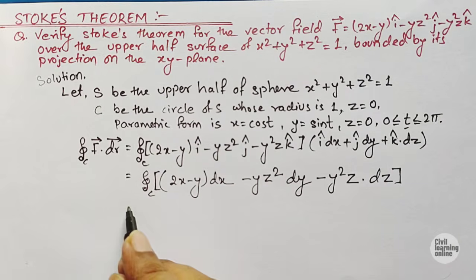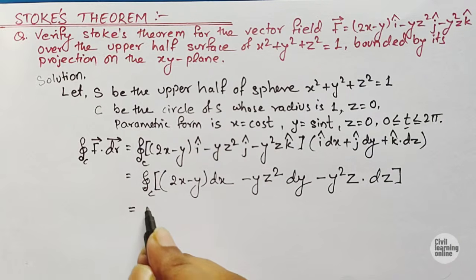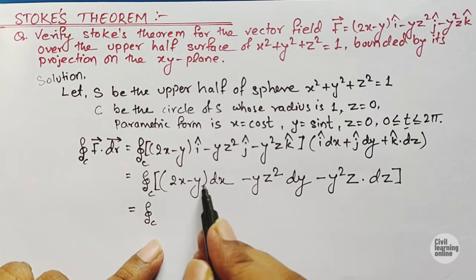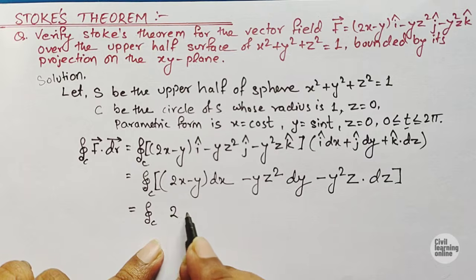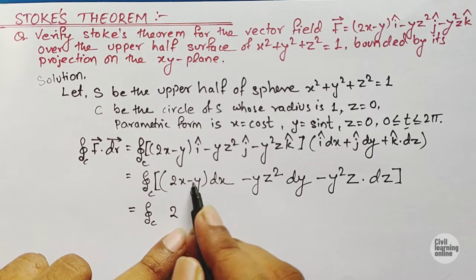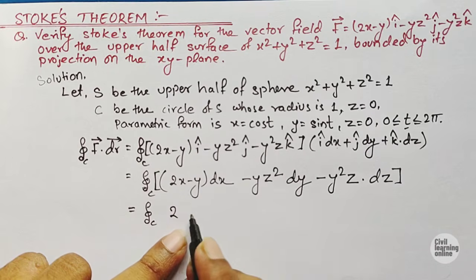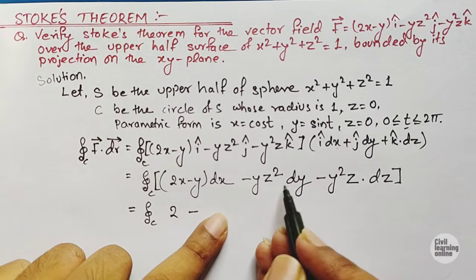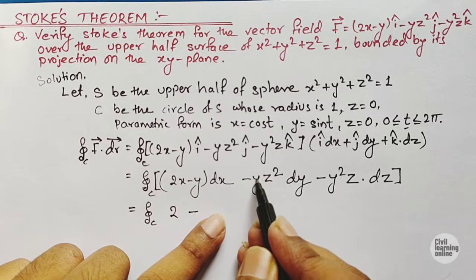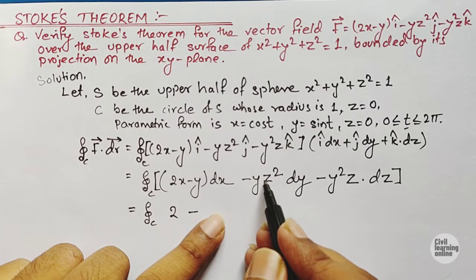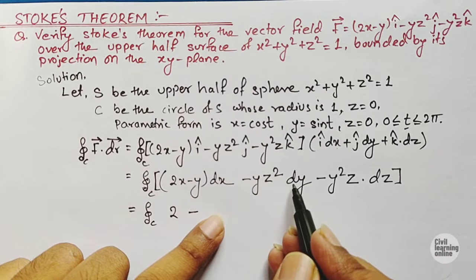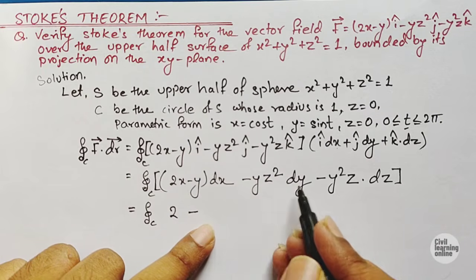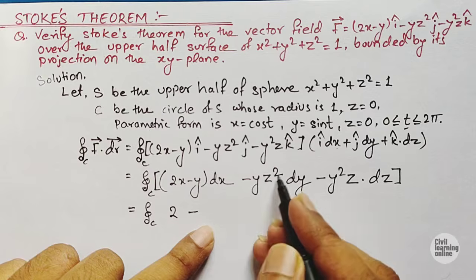Now what we need to do is find the derivative. So integration over C, 2x is multiplied with dx, so we will have 2, and the derivative of y with respect to x will be 0. So minus, the derivative of y z square with respect to y, dy: the derivative of y with respect to y will be 1, and this z square stays as it is.